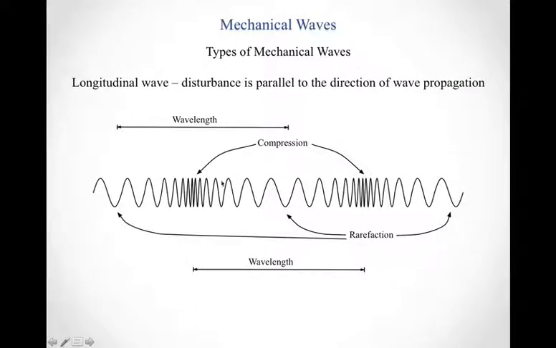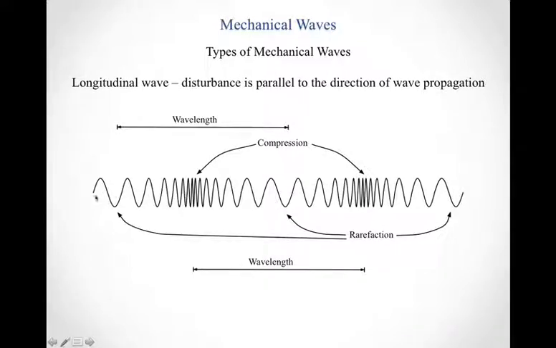Longitudinal waves, again, what's happening is your stuff is bouncing back and forth horizontally as the wave travels horizontally. Instead of setting up peaks and troughs, what you set up are known as compressions, where your stuff is smushed together, and rarefactions, where things have spread out.